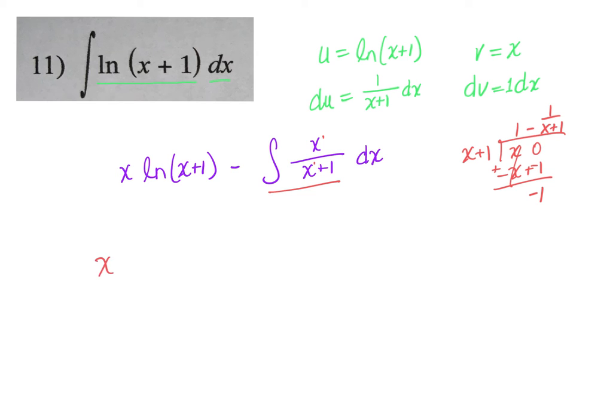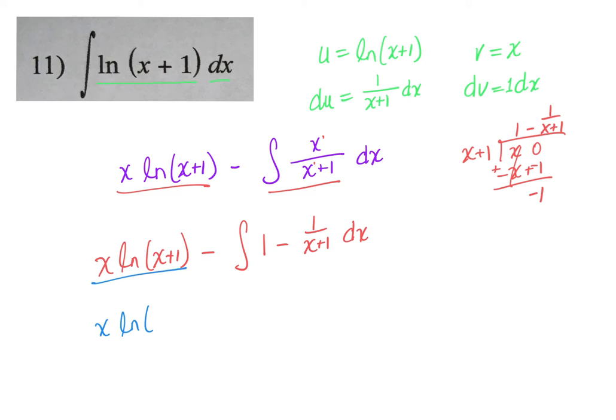So when I take that integration, I leave this alone, x ln of x plus 1, minus, and now I have the integration of 1 minus 1 over x plus 1 dx. Of course, again, I leave this first part alone. The uv never changes. x ln of x plus 1 minus the antiderivative of 1 is just x.